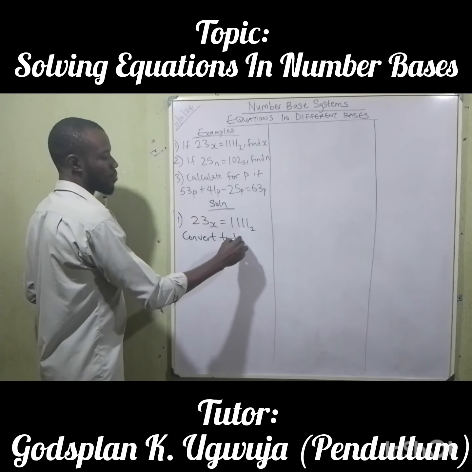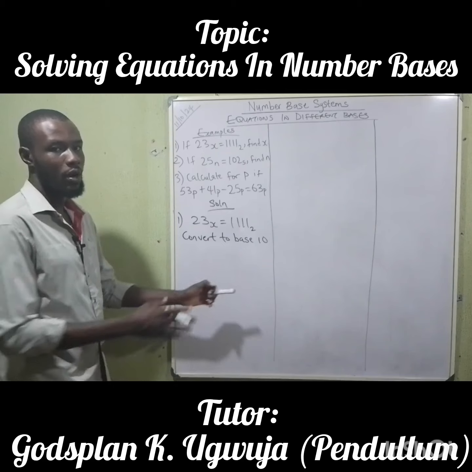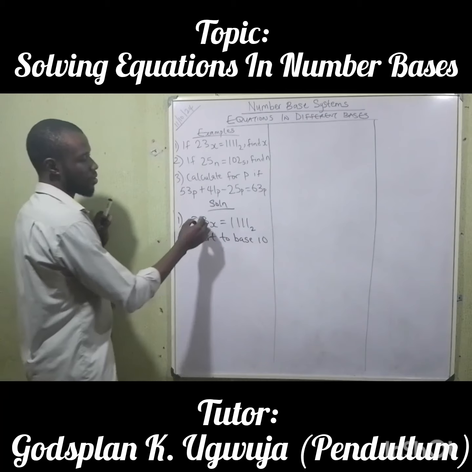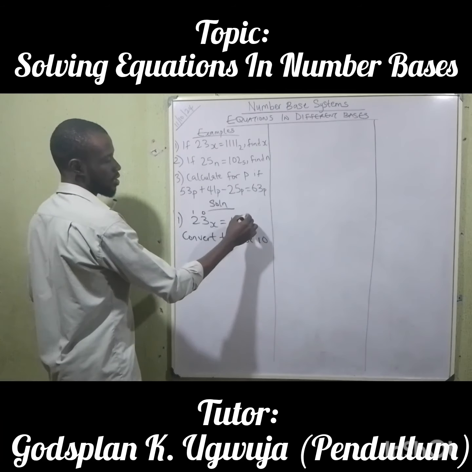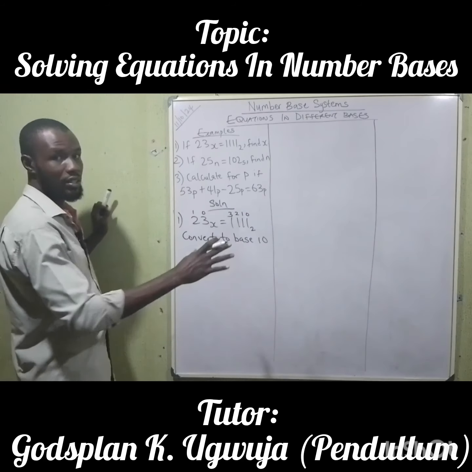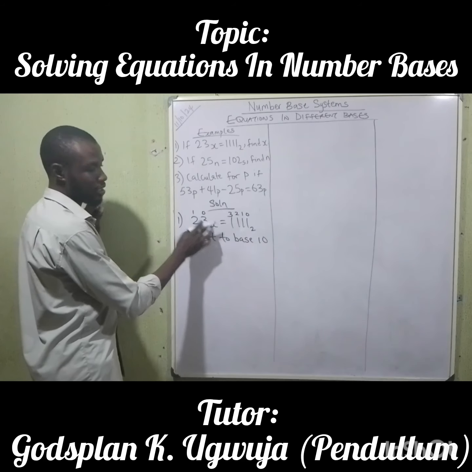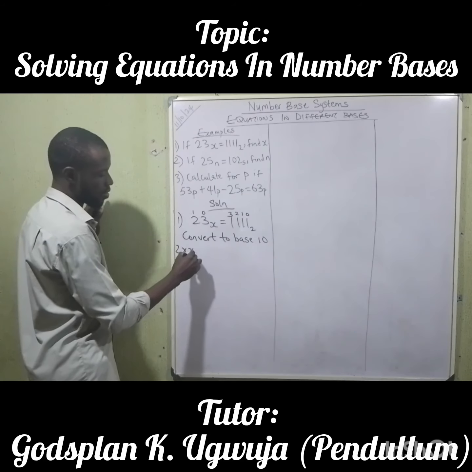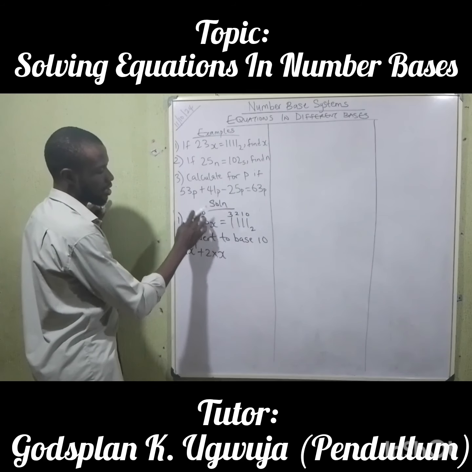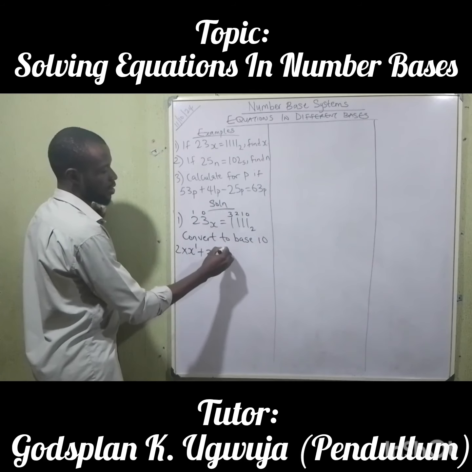We've already covered that in a previous video. So if you still are not clear with how to convert from one base to base 10, you can go watch that video before you come back and continue. But simply, this is 0, 1, this is 0, 1, 2, 3. Okay, so we expand both sides. Now this side is going to give me 2 times the base raised to the power 1, plus 3 times x raised to the power 0.